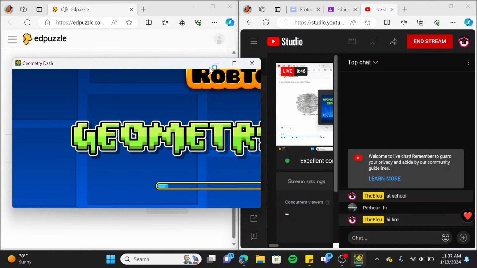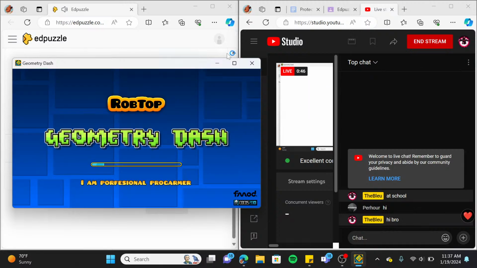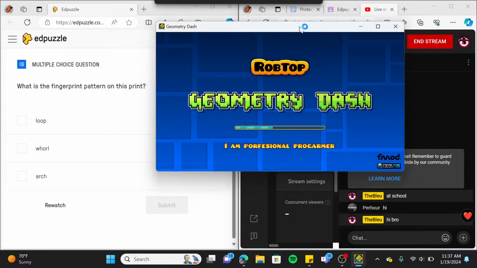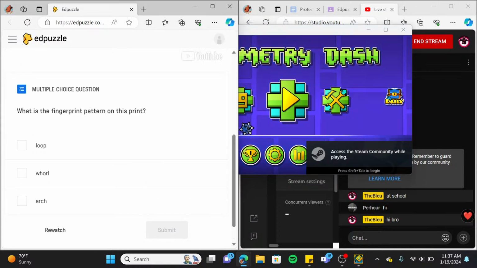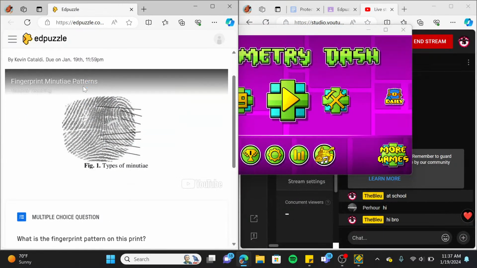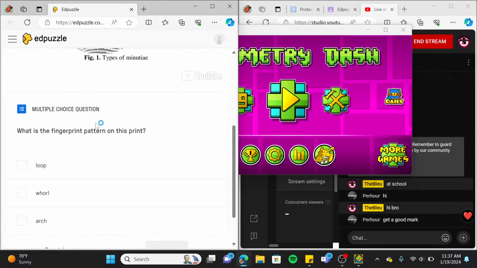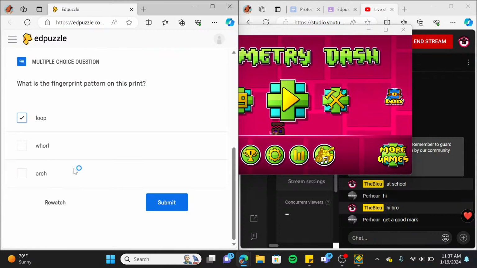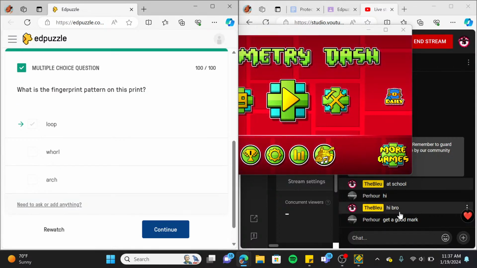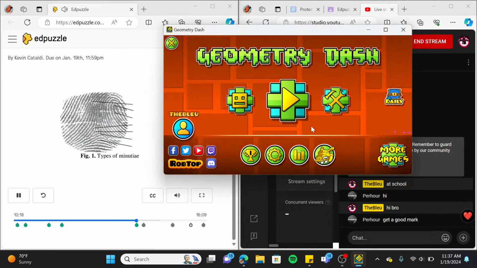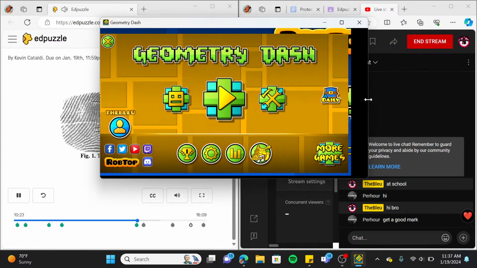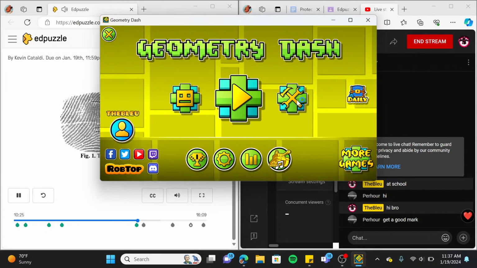In fact, this is a portion of a fingerprint. You can see that it is obviously a loop. It's looping this way, opening to the right of the screen.